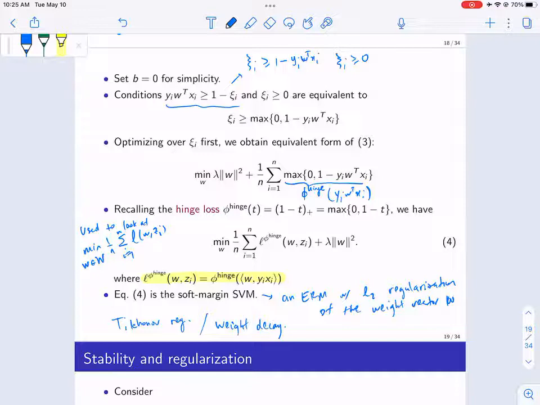But it's much nicer in a sense because here you don't need to know a bound on the norm of W. This is implicitly encoded, so you vary lambda. You can choose lambda by cross-validation. But it's sort of equivalent to an L2 norm penalty. That's how you constrain.